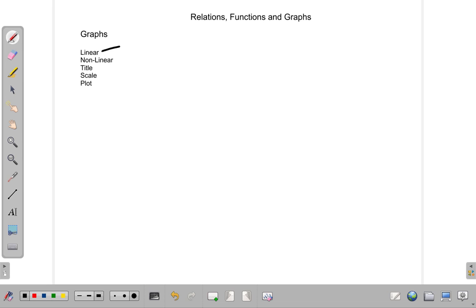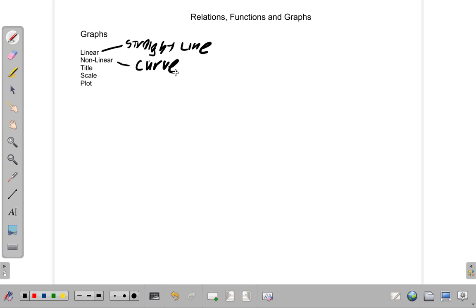So the linear graph will produce a straight line, while the nonlinear graph will give you a curve. Now, I know that some mathematicians refer to the straight line as a curve as well, right?